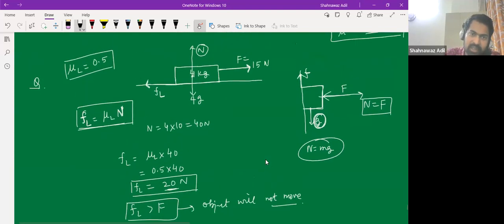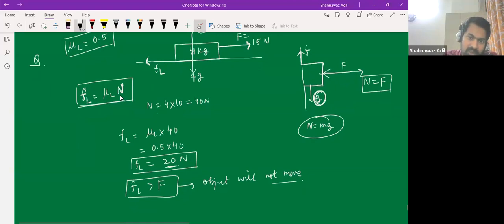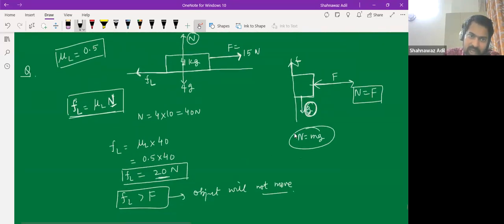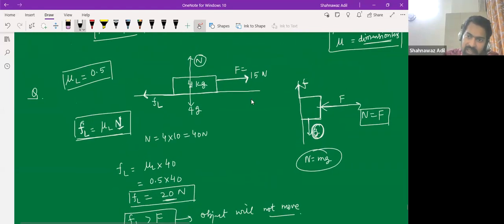Okay, but the normal reaction could be different, right? Yes, sir. But in this case, this frictional force is not dependent upon this weight.